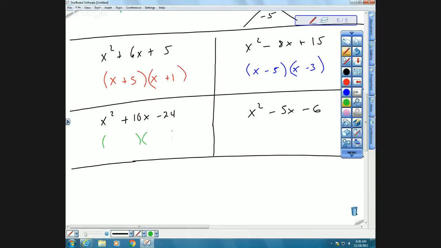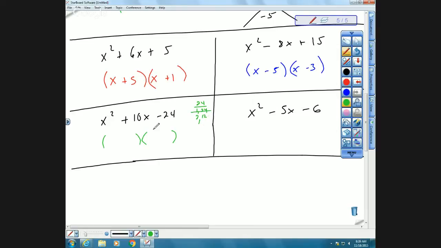What multiplies to be negative 24 and adds up to be 10? This one's tricky. If you get stuck, here's the easiest thing to do: go find the factor pairs. 24 divided by 1 is 24. Do those add up to be 10? No. 24 divided by 2 is 12.